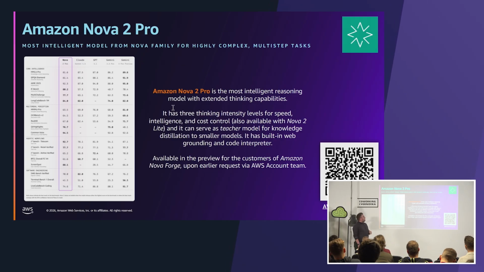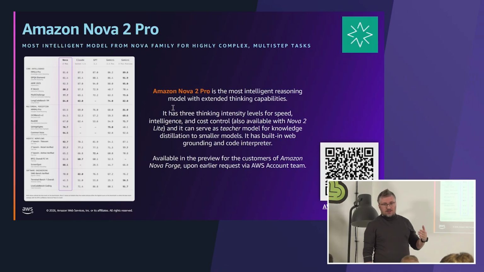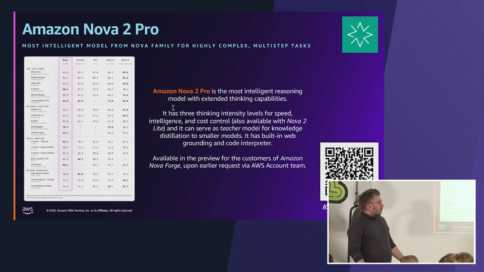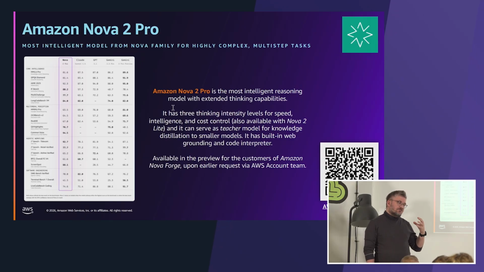Then the next one is Amazon Nova Pro. That's, as of today, the most intelligent model that we have among the Nova foundational models, right? As with the previous one, it has all three thinking intensity levels. It's also multimodal, so it can take input as images, text, and audio, I think. That one is for really deep research, or maybe for complex code generation tasks, something like that.